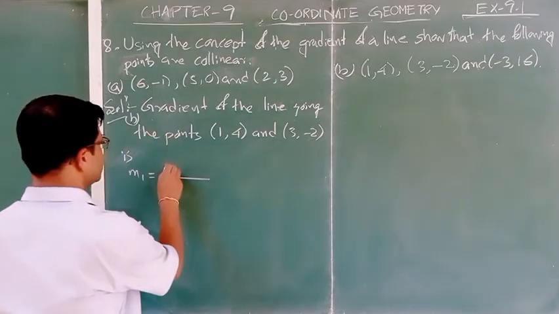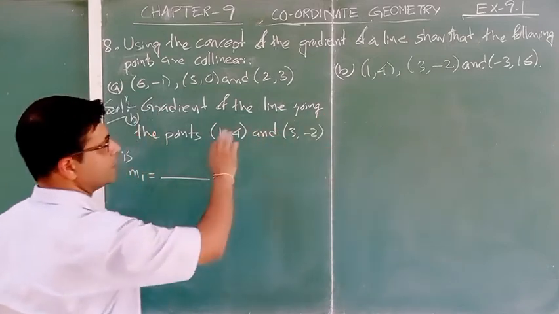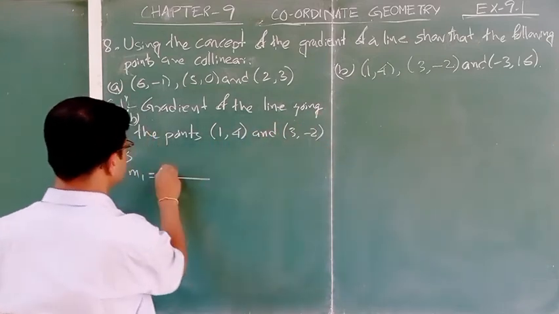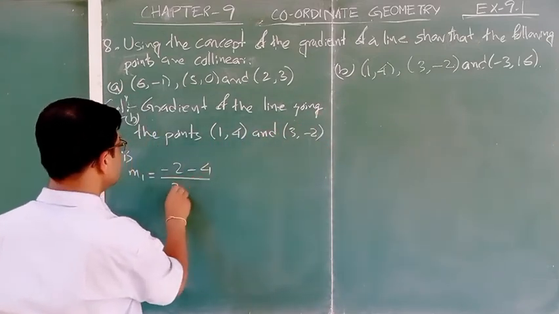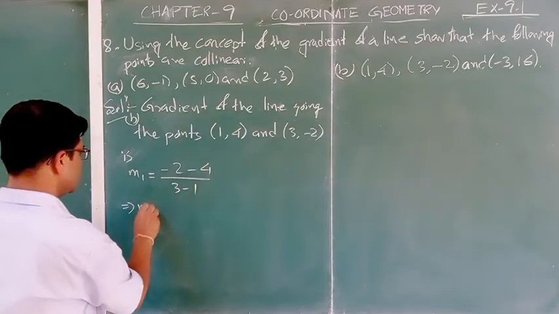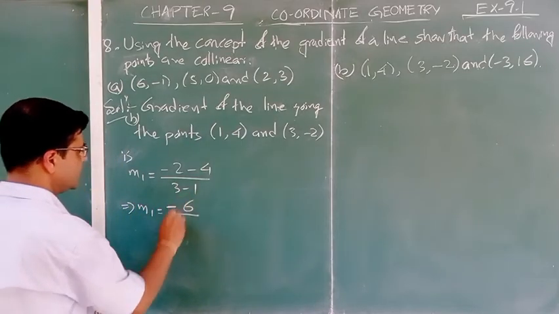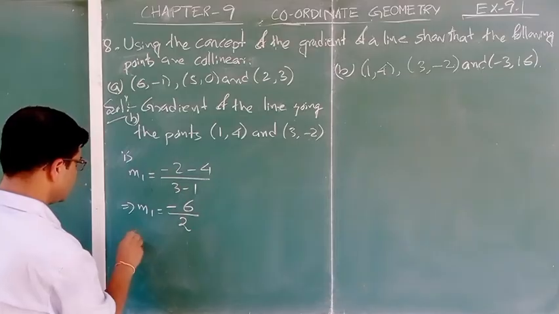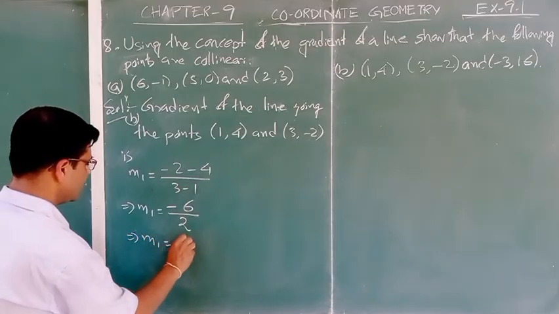The formula is y2 minus y1 divided by x2 minus x1. So that is -2 minus 4 over 3 minus 1. This is -6, this is 2. How much is it? m1 is equal to -3.